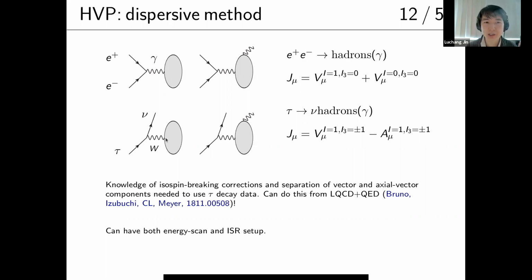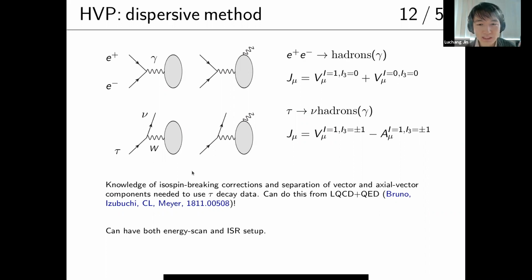It's at least comparable to the e+e- annihilation process. The problem with that is that we need to do an isospin rotation for this process to get the actual hadronic vacuum polarization. And that isospin rotation is not very reliable because of the isospin breaking corrections, which are related with the rotation.